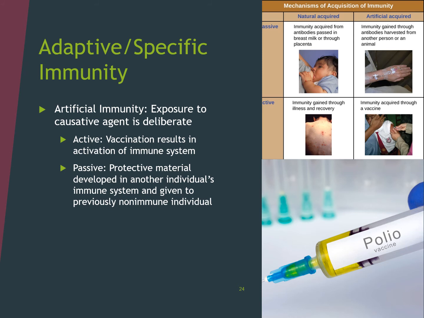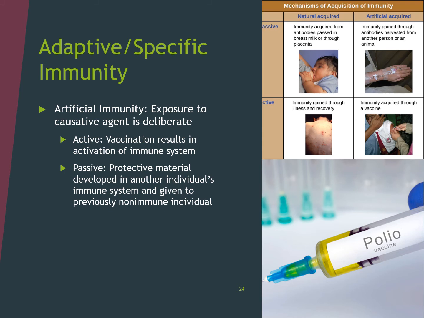Passive artificial immunity means that whatever we're being exposed to or whatever we're being given was taken from somebody else's body. It did the work. It was made in the lab. Whatever the case may be, that immunity is injected into us.